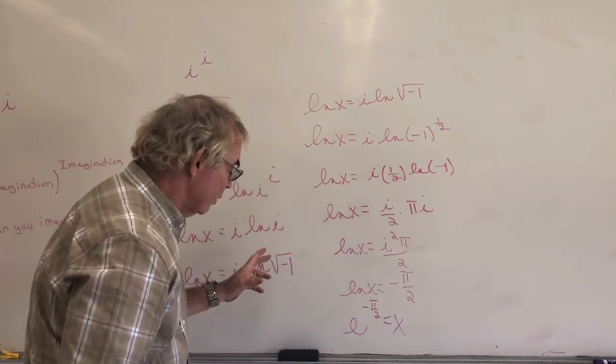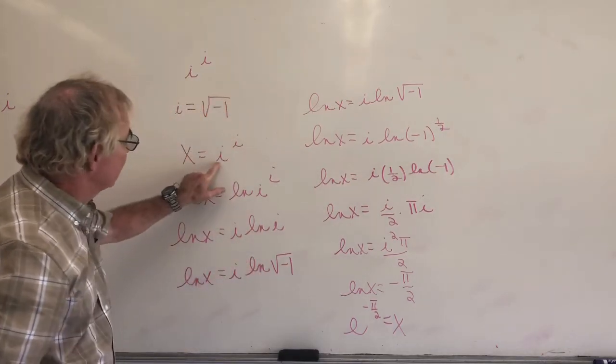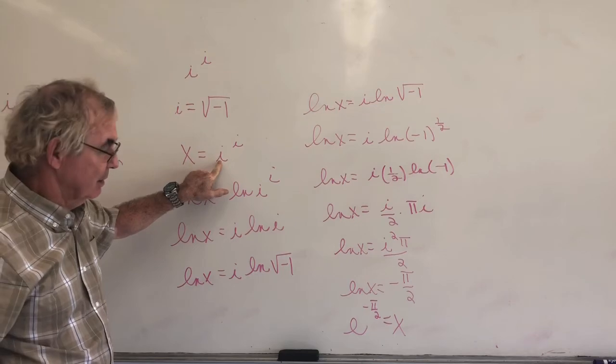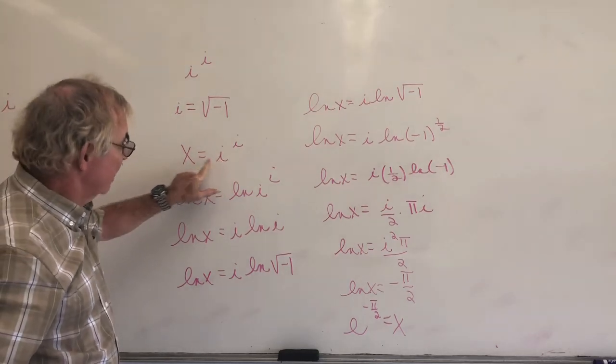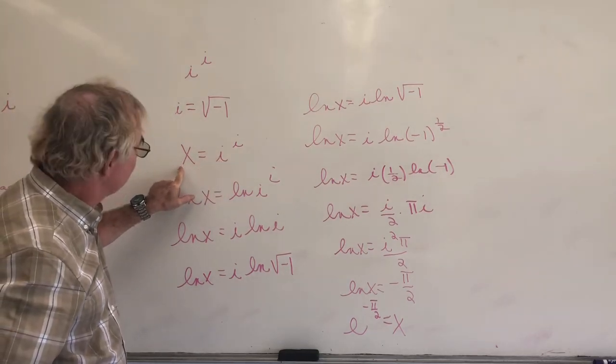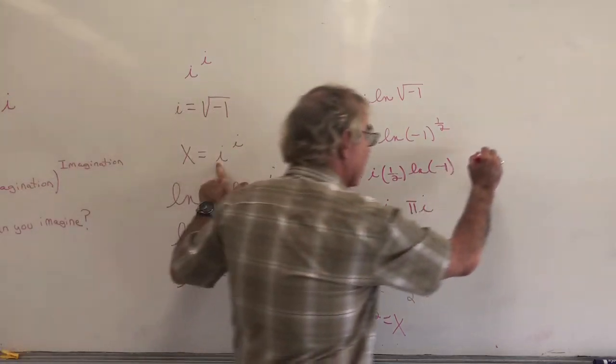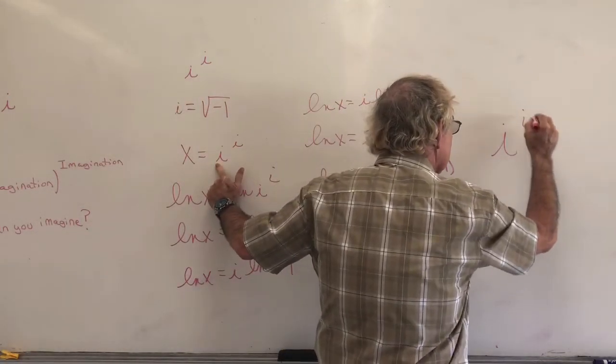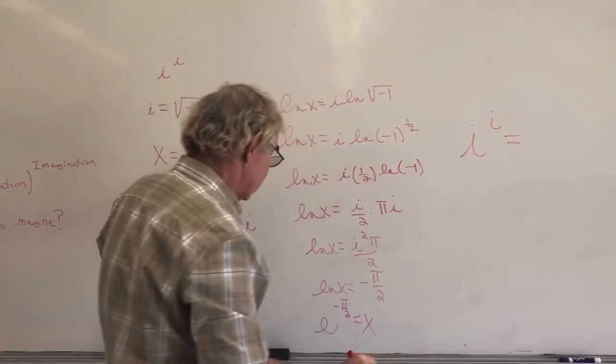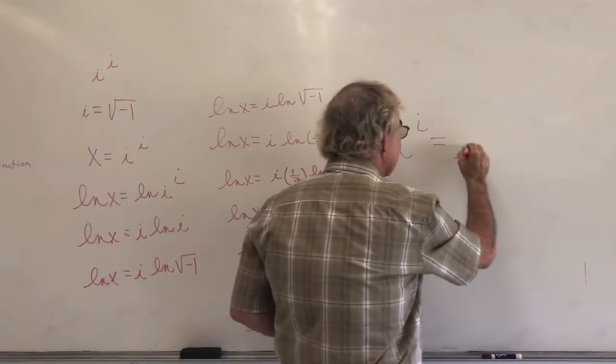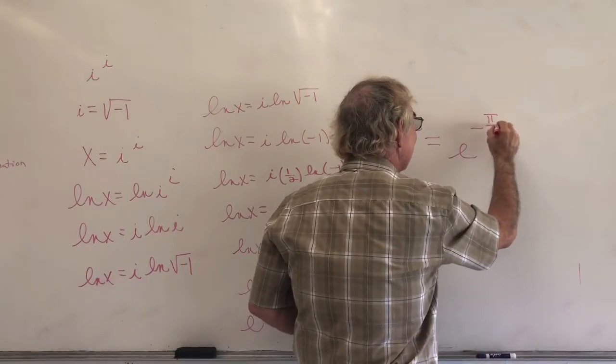But in conclusion, x is i to the i. So we put it all together. We have i to the i is equal to e to the negative pi over 2.